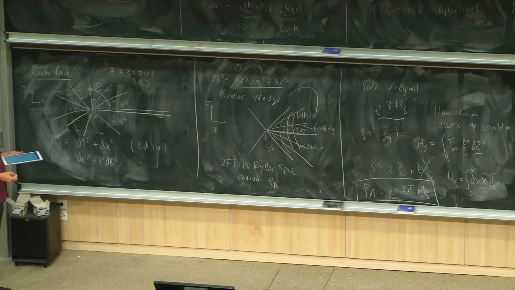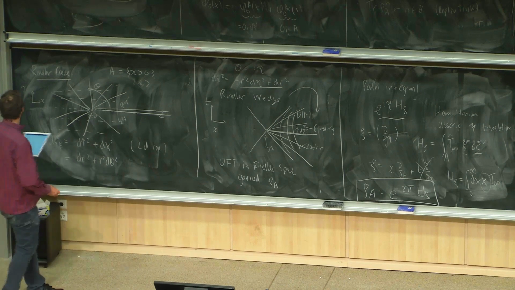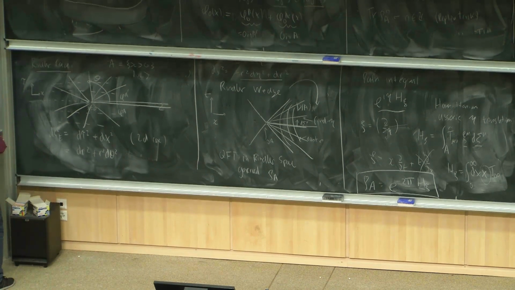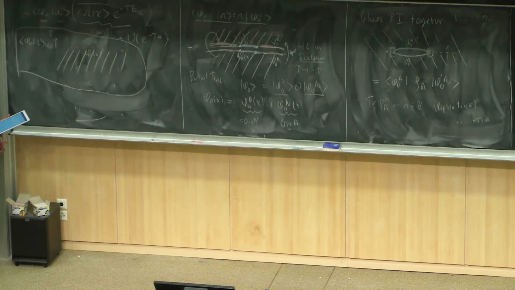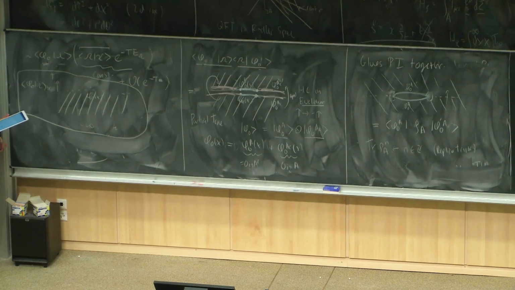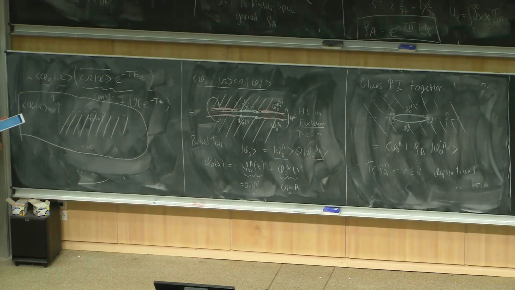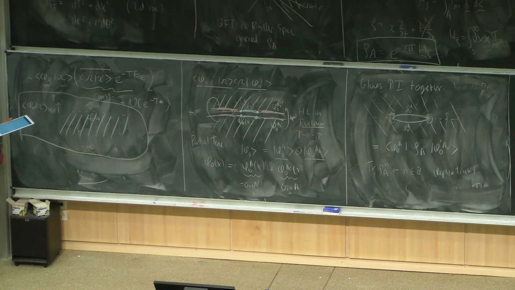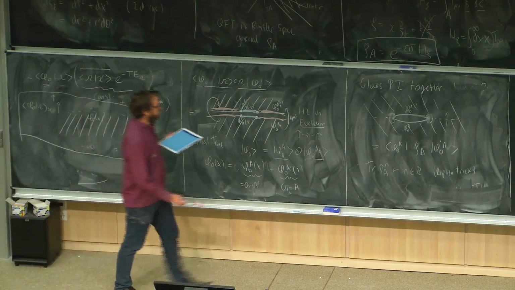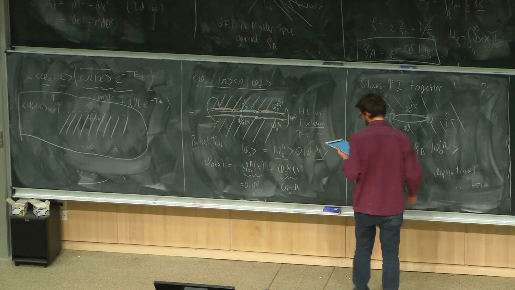Okay, and so what is the physics of this? The physics of this is, again, the vacuum restricted to A looks like this thermal density matrix, but for the generator of boosts.